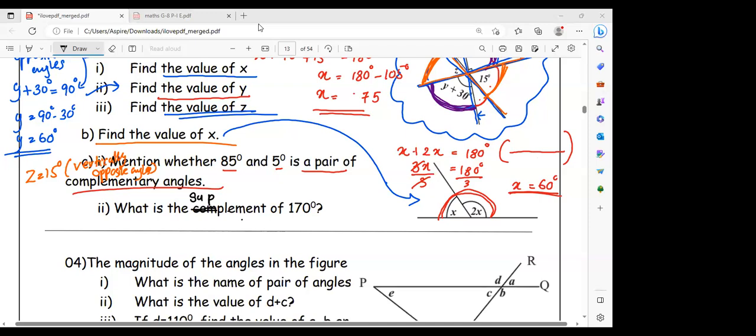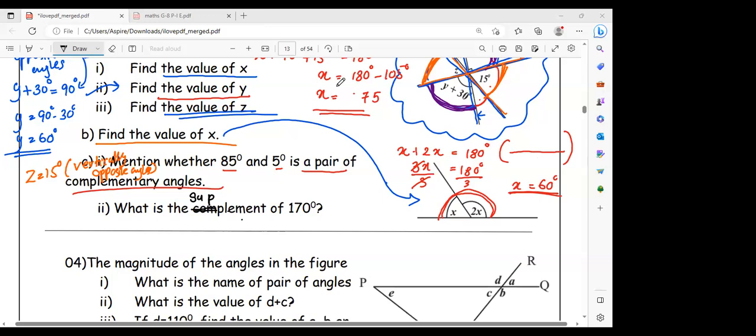Just tell me the answer. Supplement of 170 is 10, no? 10, yes. The answer is 10.